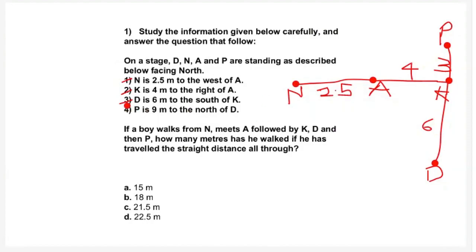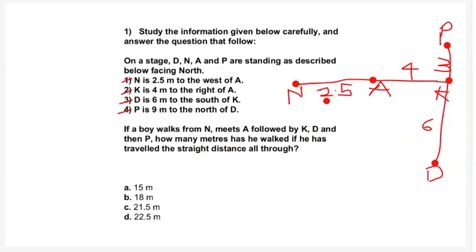According to this information, you have been given a question. If a boy walks from N, meets A, followed by K, D and P, how many meters has he walked if he has traveled a straight distance all through?